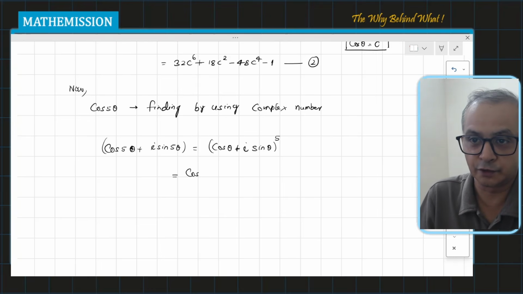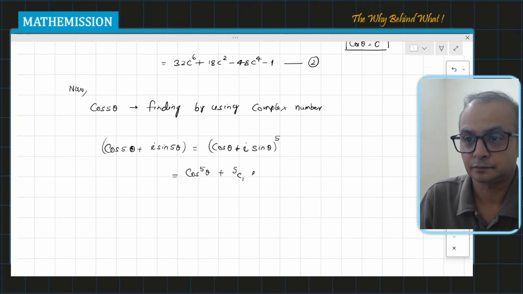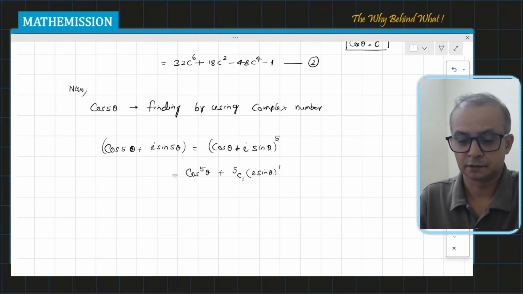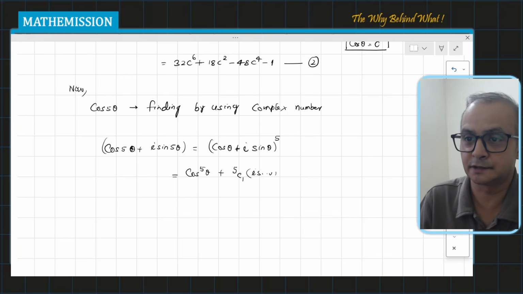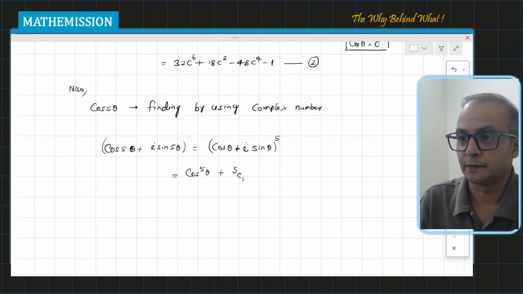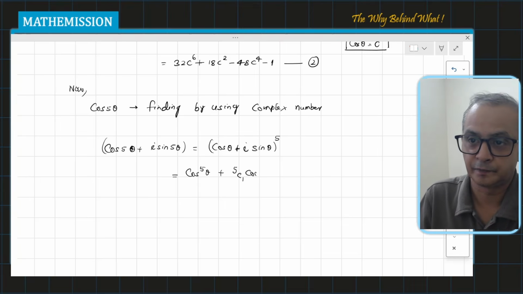So here I'm going to apply the binomial theorem. The first term is cosine to the power 5 theta. Then I get 5c1, cosine to the power 4 theta and iota sine theta.